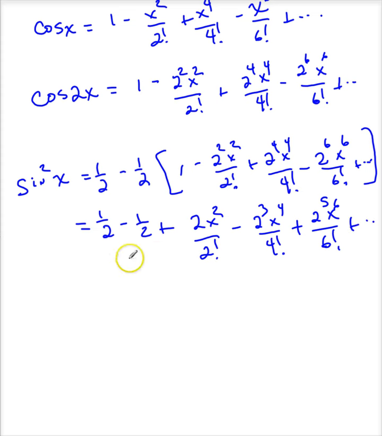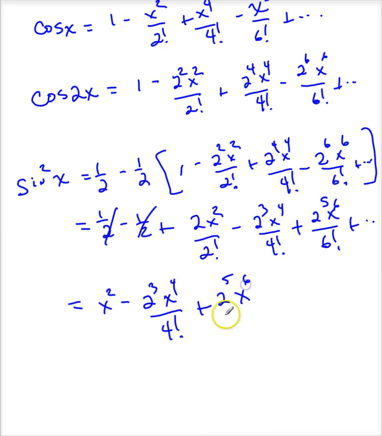How many terms did I want? The first three? Those go away. Those are going to cancel. And so this becomes x squared minus, and yes, I can simplify this down, but I don't want to, 2 to the fifth x to the sixth divided by 6 factorial. First three non-zero terms of sine squared x.